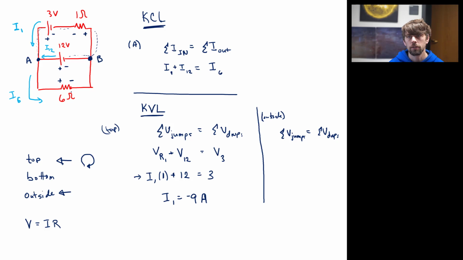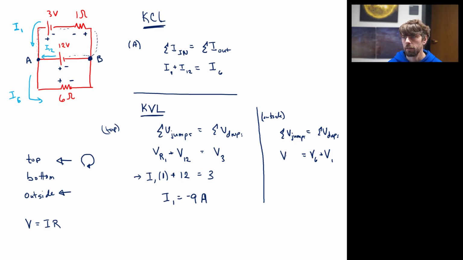And across the 6 ohm resistor, we notice that we have a drop. So I'll put V6 here on the right-hand side of my equal sign. I keep going, and I get to the 1 ohm resistor, and again, we notice that that represents a drop. So I'll add to that the potential drop across the 1 ohm resistor. I keep going, and I cross the 3-volt battery, which represents a jump.